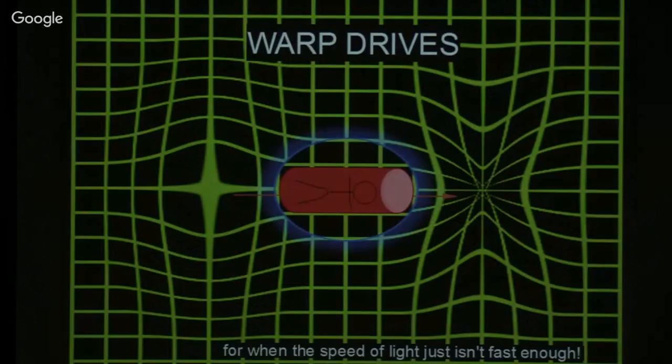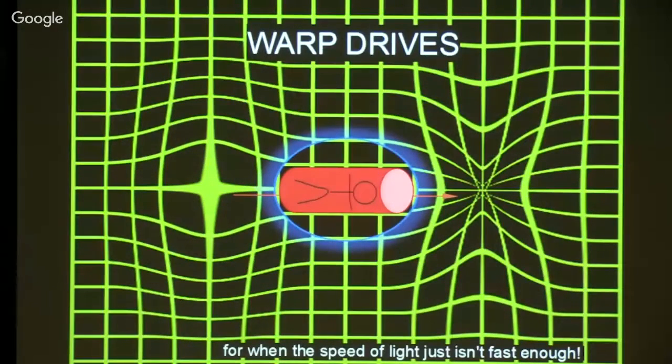Or if you don't like non-trivial topology, you could instead make a warp drive space-time where the space-time squishes, it contracts in front of your spaceship, and it stretches out behind your spaceship, so that the net effect is that from the perspective of somebody watching you from the outside, you're going faster than light.